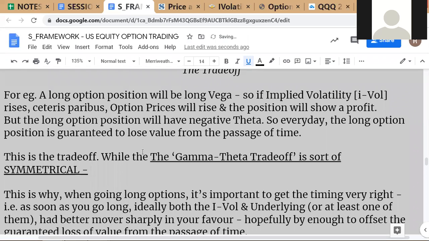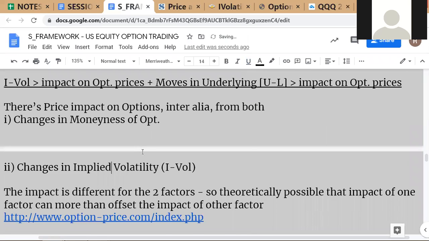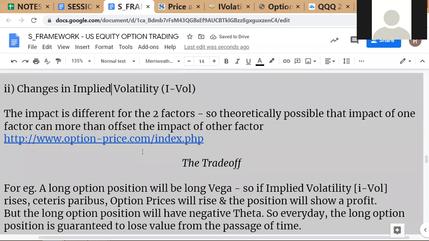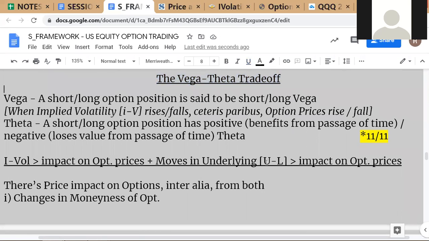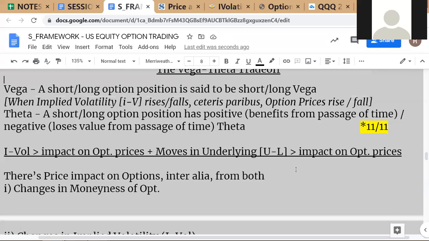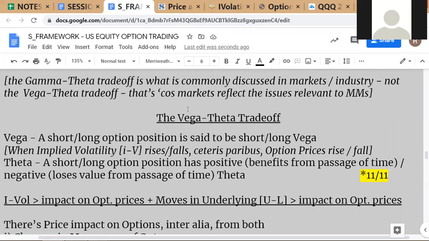Symmetrical means equal on both sides, okay? There's one thing to note here, that the vega theta trade-off is slightly different in nature. Another thing to remember, this is very real for you when you do your trading in this particular project. But in industry, people don't talk about this trade-off so much. They mainly talk about the gamma theta trade-off. So when you discuss the vega theta trade-off, you have to connect it to the gamma theta trade-off and explain what you mean.